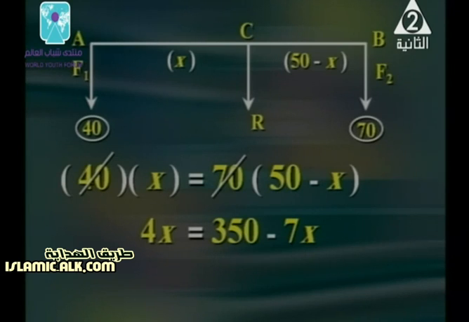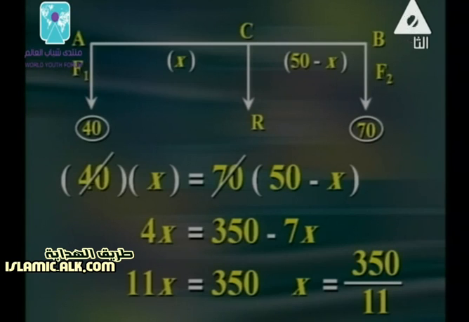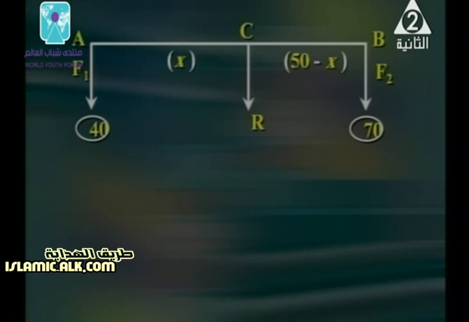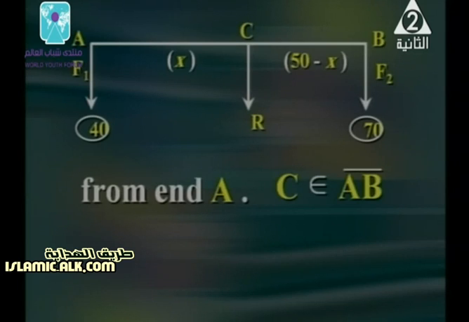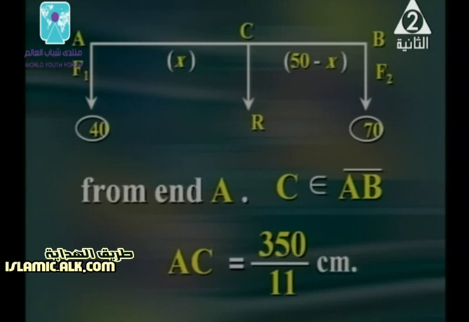Look at, student, we find 11x equals 350. Find the value of x: divide 350 by 11. Then the value of x from point A, C belongs to segment AB. Then AC equals 350 over 11 centimeter.